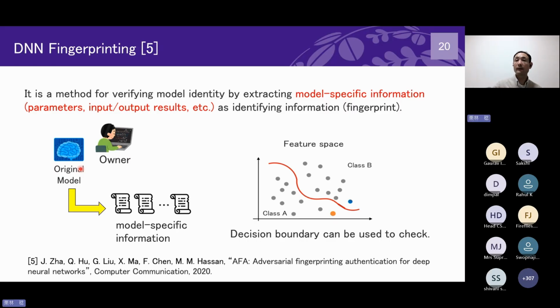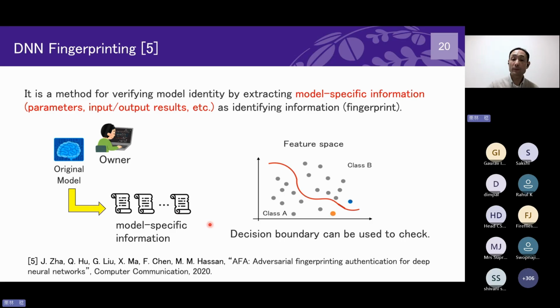So in this case, there is no operation of the watermark. The watermark is not embedded into the model. Instead, it tries to extract model-specific information.